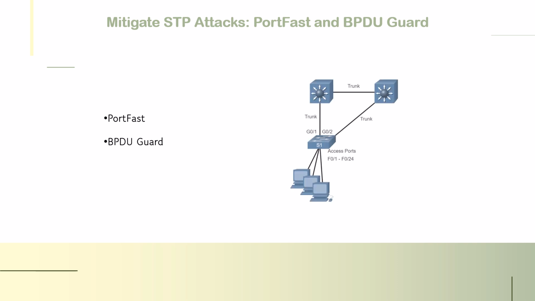And here we have a figure with the access ports for switch number 1, from FastEthernet 0/1 to FastEthernet 0/24, that should all be configured with PortFast and Bridge Protocol Data Unit Guard since these ports are connected to end devices.